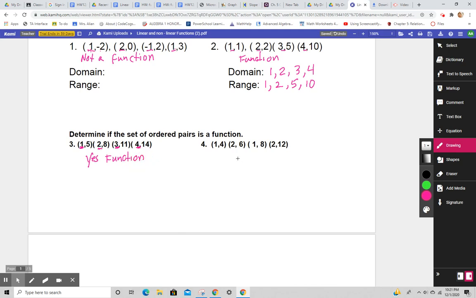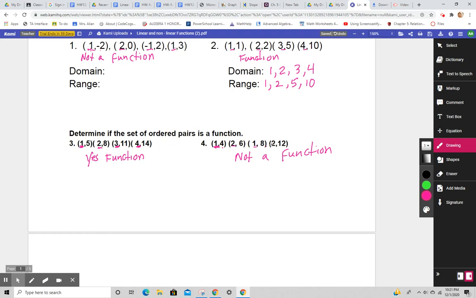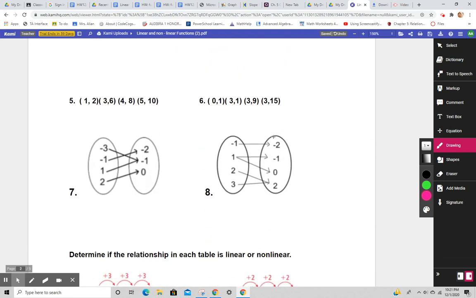Let's look at the next one. (1, 2, 1). All right, do you see how it repeats? I have 1 paired with 4, and then I have 1 paired with 8. So this is not a function. Next example. (1, 3, 4, 5).